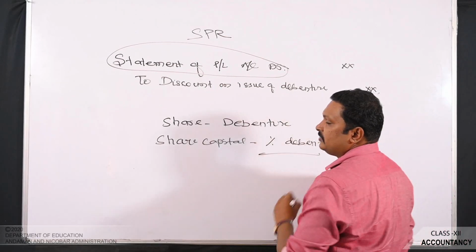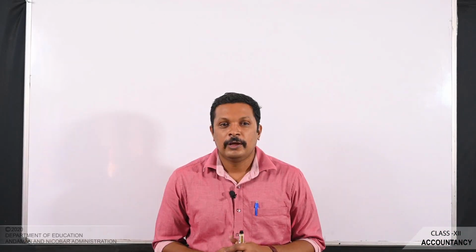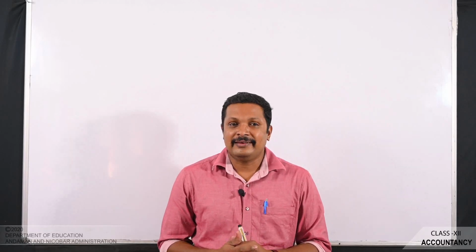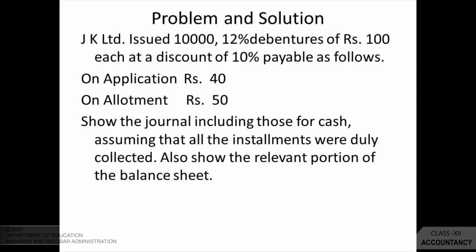Got it? These are the two changes we have to make while passing debenture entry. So we can understand through solving a question. So just listen. JK Limited issued 10,000 12% debentures of rupees 100 each at a discount of 10% payable as follows.